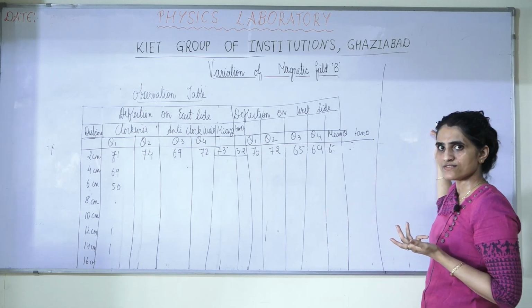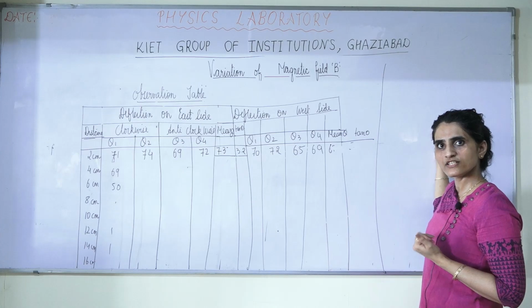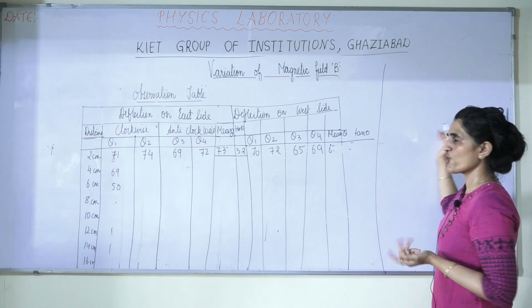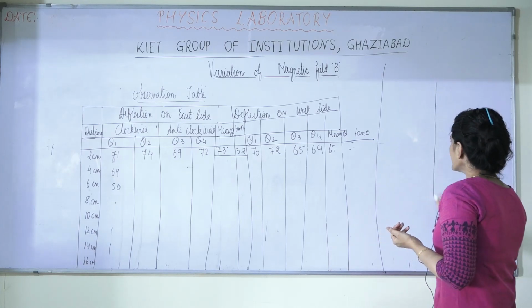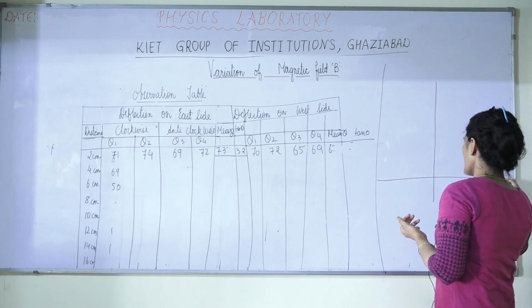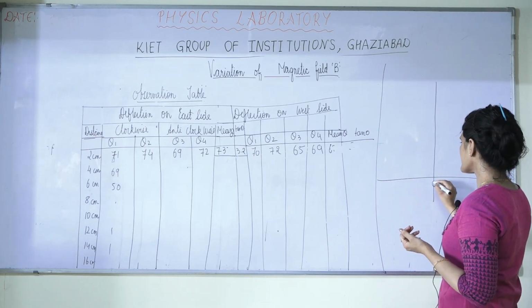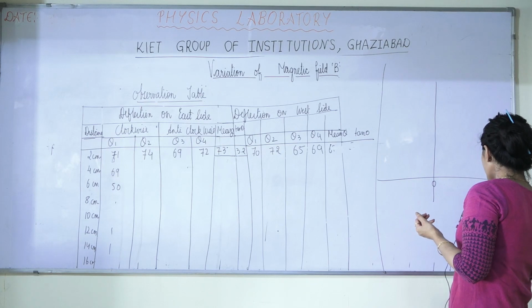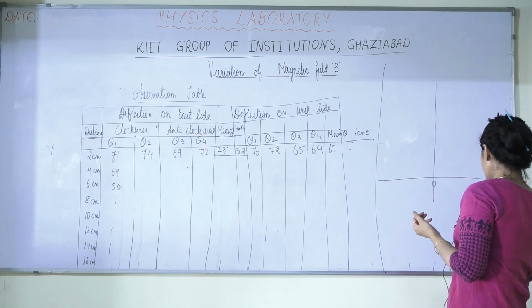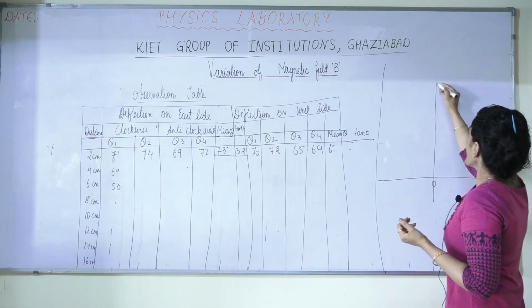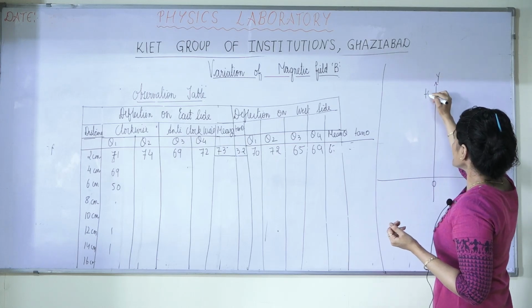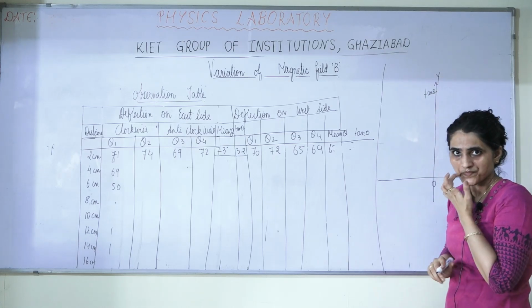Then, as I have stated, we will use an alternate method to find the radius of a coil. That alternate method is nothing but we will draw a graph. This is 0, and my x-axis will be the distance from the center, and my y-axis will be tan theta.